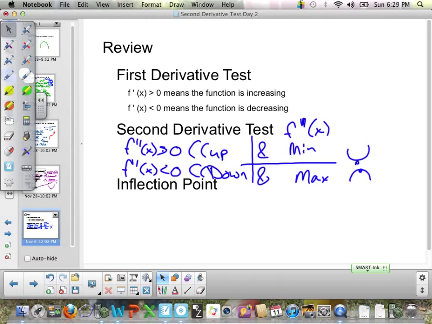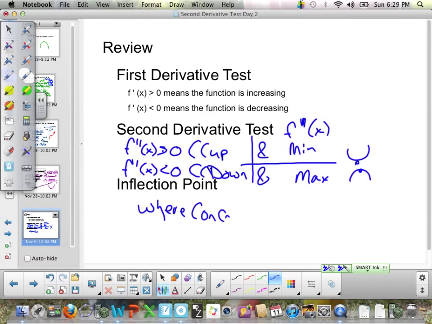And an inflection point, that is where concavity changes. And to find any inflection points, you're going to find where the second derivative is equal to 0 or undefined, and just check the sign on left and right of those critical points.